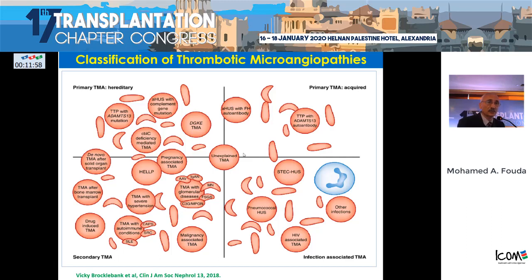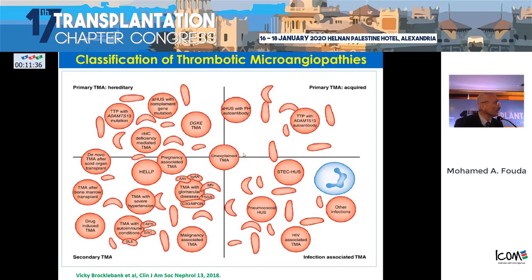Here we can find that we have a primary, either hereditary or acquired, and secondary and infectious associated. And the message here is that the patient with atypical HUS with genetic background does not present earlier, but presents at all stages of life despite the genetic nature of his disease.